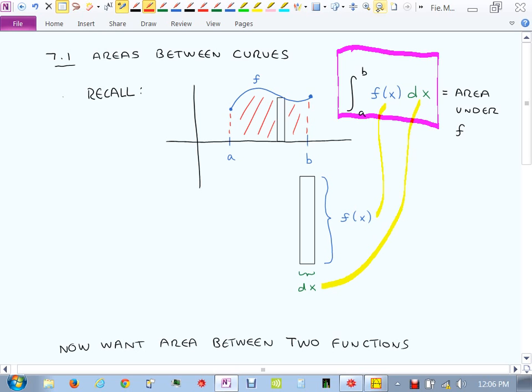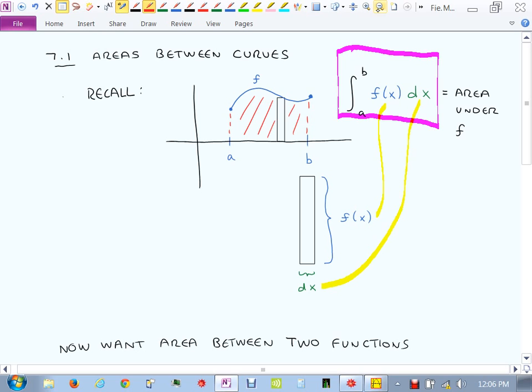The width of the rectangle, our delta x, this infinitesimally small rectangle, that's our dx. The height of the rectangle is the function's value. The area of that rectangle is the height times the width, so f of x times dx. That went into the integral. Then the integral went from a to b, and that was our area. I really hope you got that already. That's hardwired, hopefully.